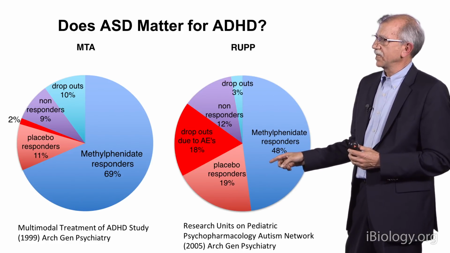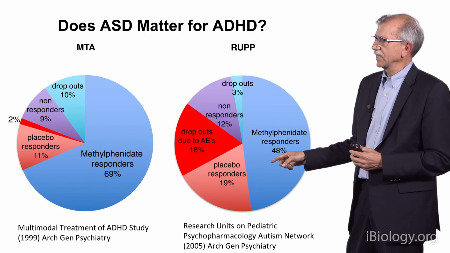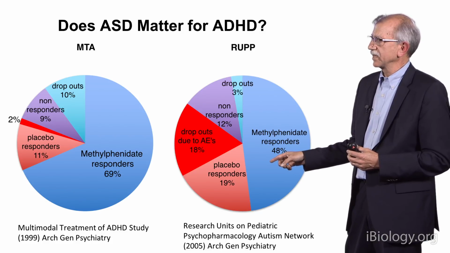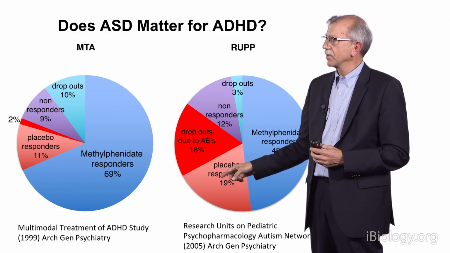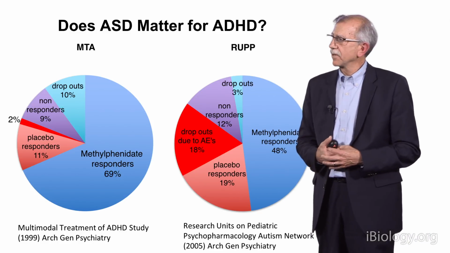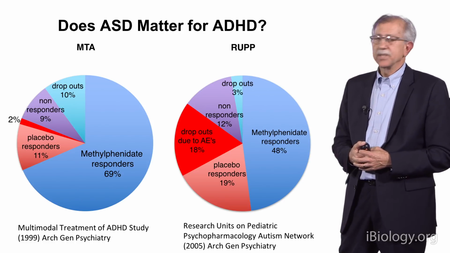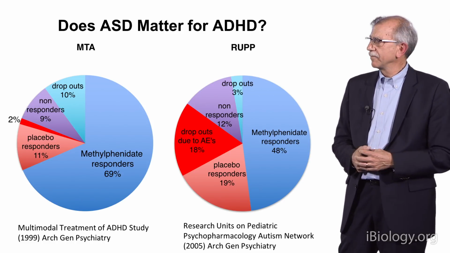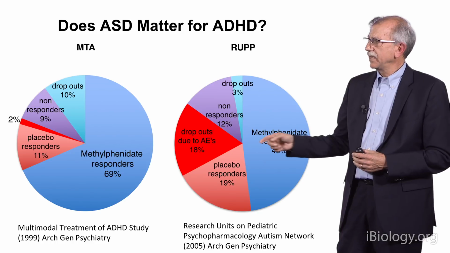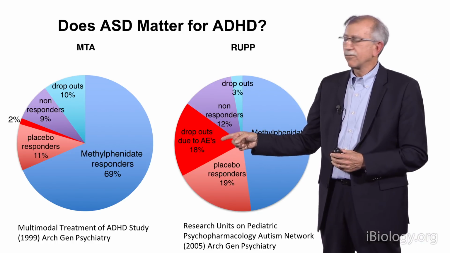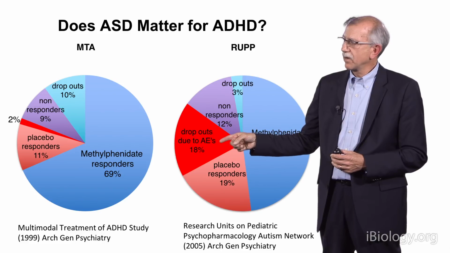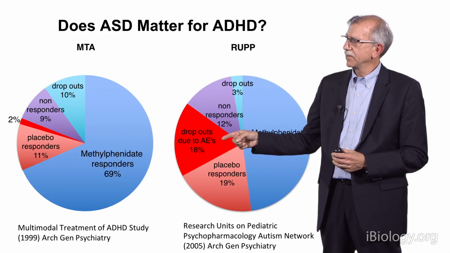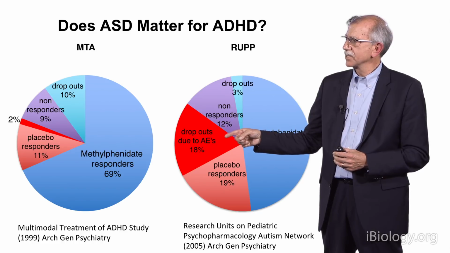So 50% of the children who received methylphenidate responded, and 19% of those who received placebo responded to placebo. So this is a significant outcome. Interestingly, nearly a fifth of those kids in the trial had to drop out because of adverse events associated with the receipt of the active treatment in the autism group.